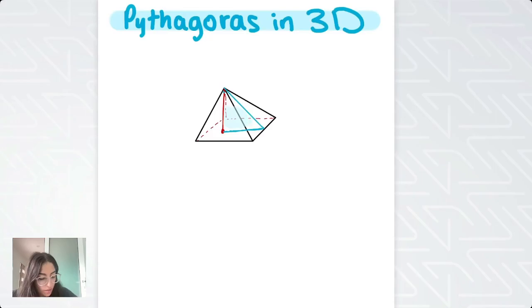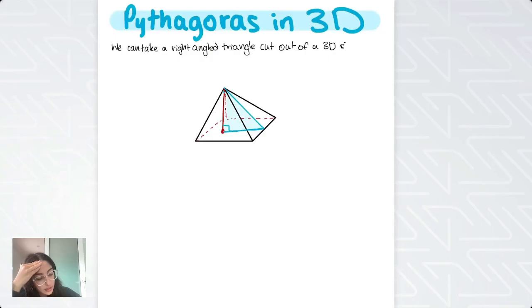So it's a 3D shape, and I can cut out of it a 2D shape, which is the triangle, right? So we can take a right angle triangle cut out of a 3D shape as shown below.